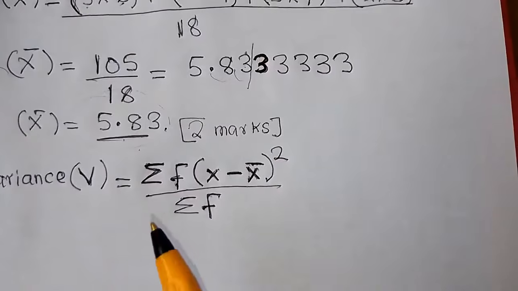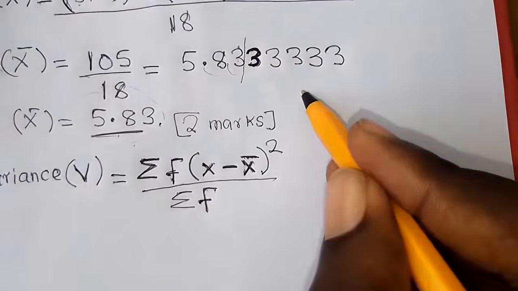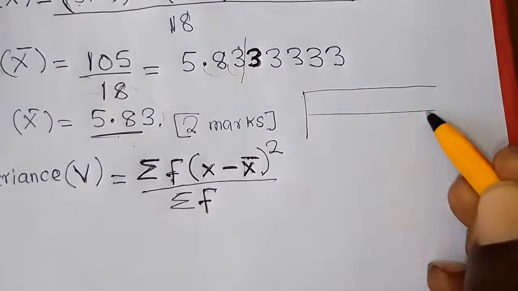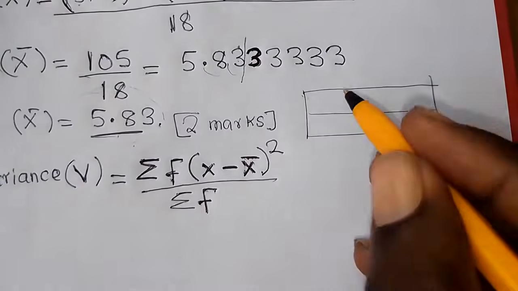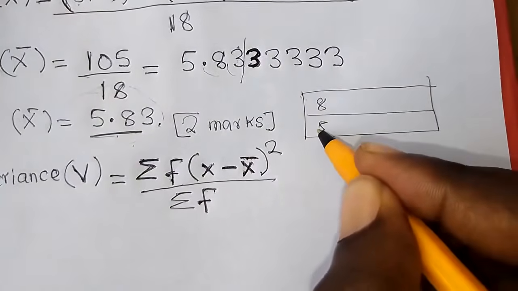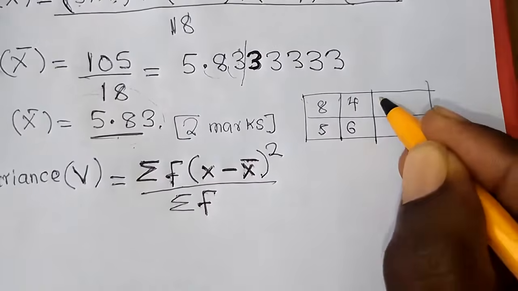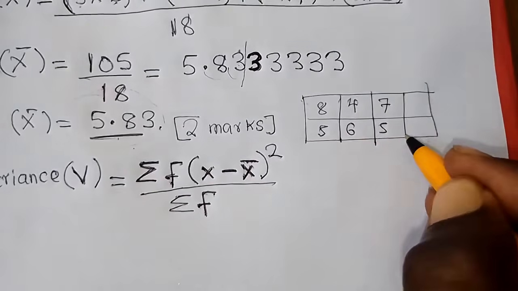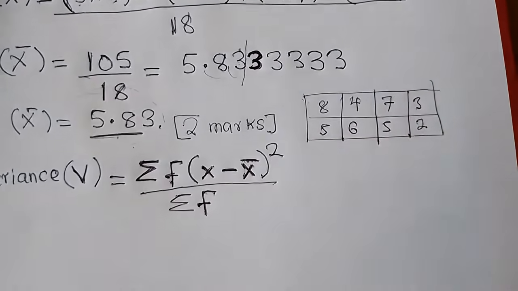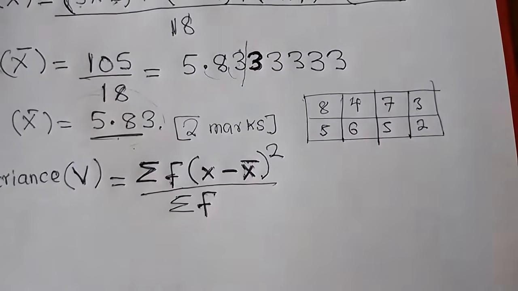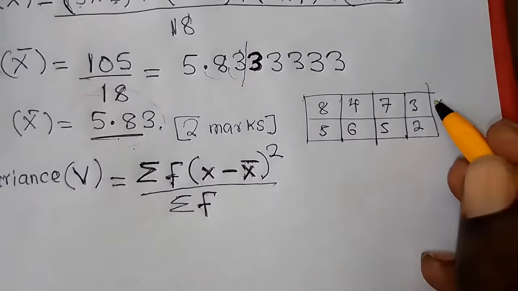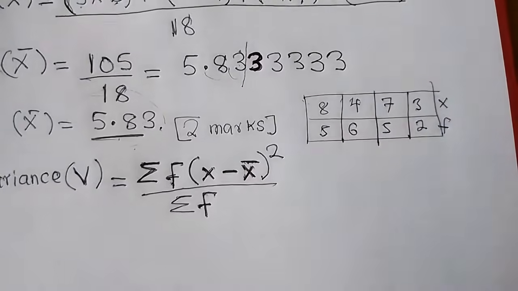So let me write it here so that we understand. The table is something like this: 8, 5, 4, 6, 7, 5, then 3, then 2 here. This is how the table is. I've told you that here it's x, then this is frequency.